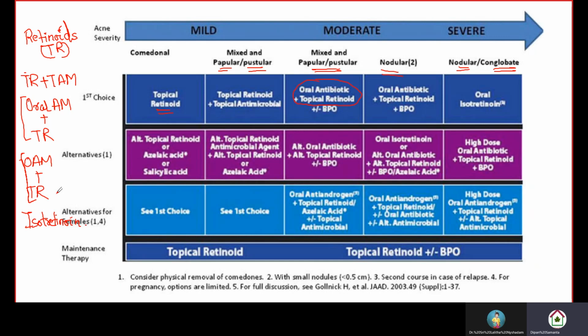Starting from topical retinoids, retinoids are always topical, so no need to say topical retinoid. So retinoid, then second stage retinoid plus antimicrobials, then oral antimicrobials with topical retinoids, then oral antimicrobials plus topical retinoids only.